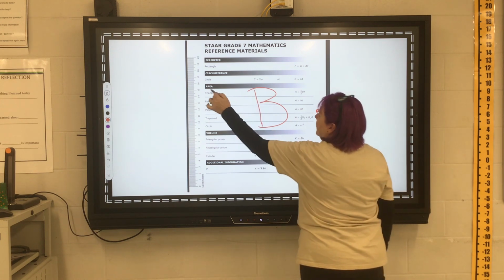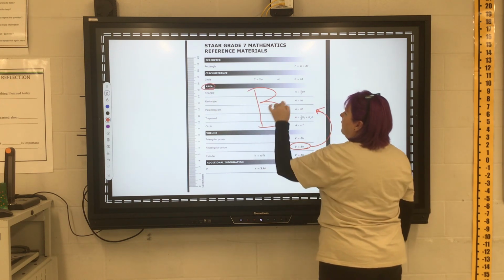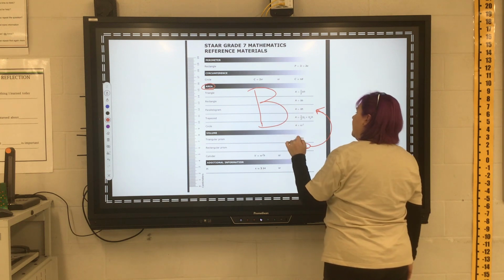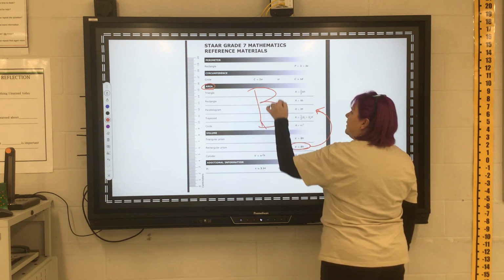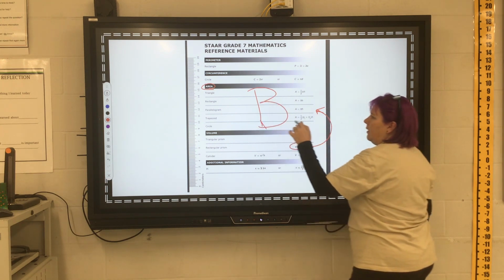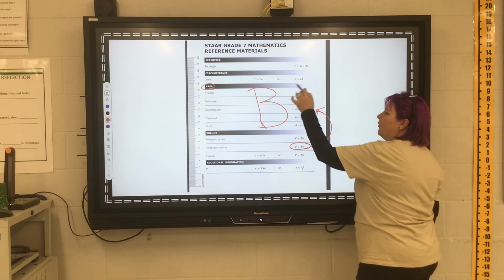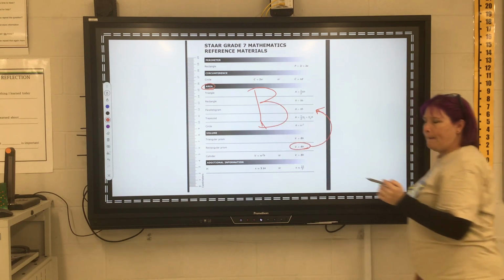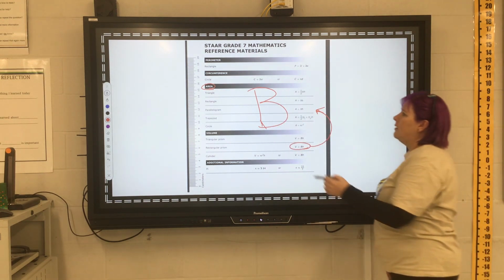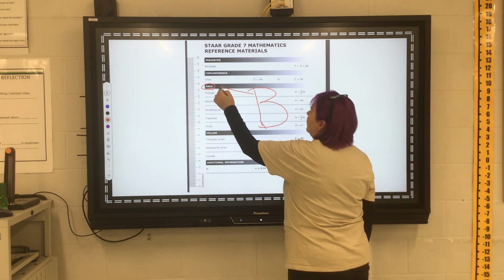So all of this area here, all of these are our bases. So our volume, this is our big B. Okay, so all of these formulas can be our big B. Okay, so big B stands for our area.